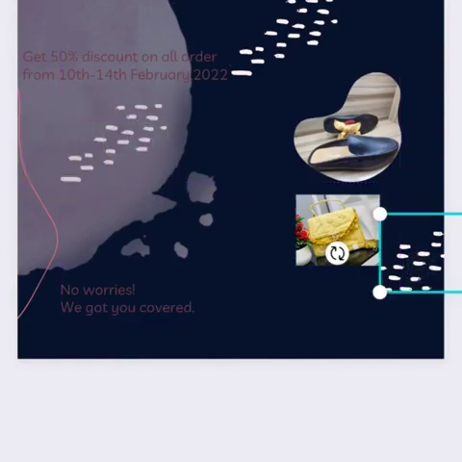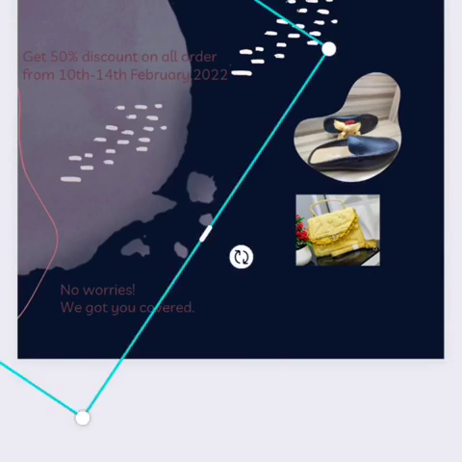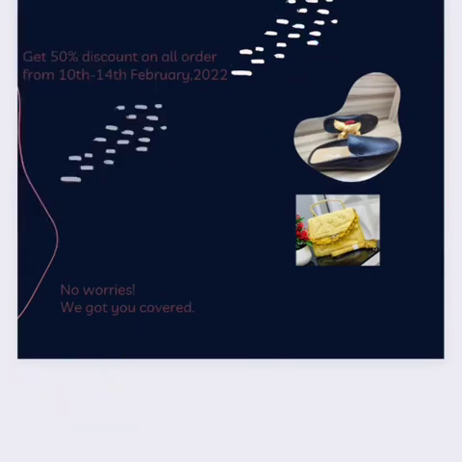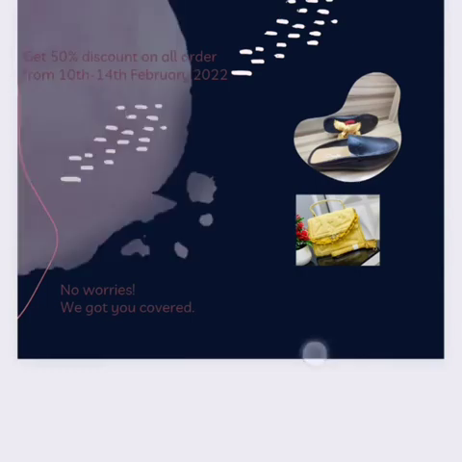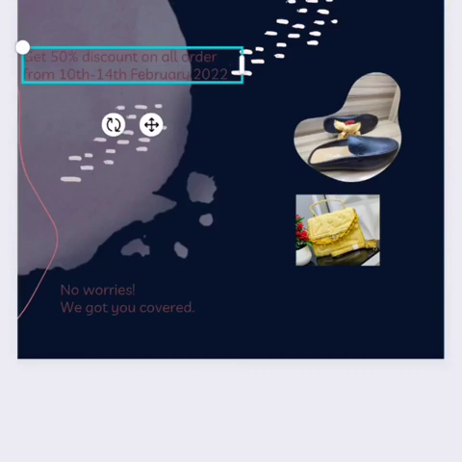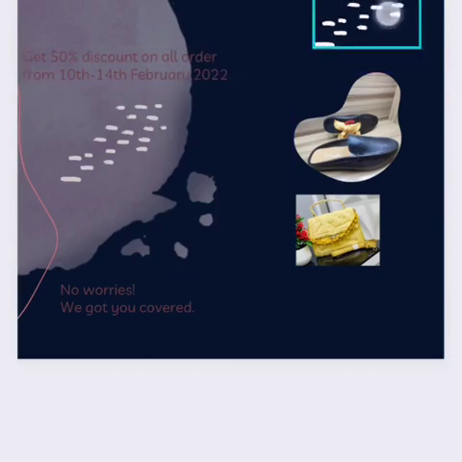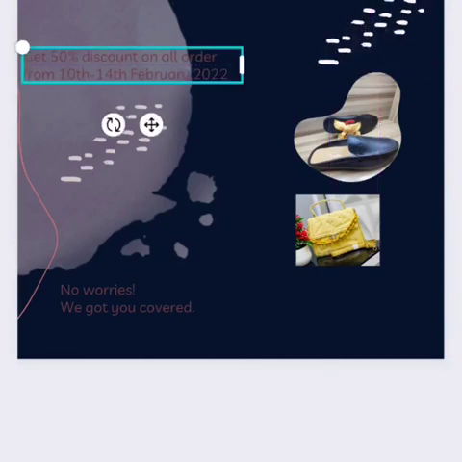Let me delete this. So if you want to delete any, you can delete. If I want to delete this one, I can delete it too. Can you see? But let me just leave it. I want to change the color of these letters.